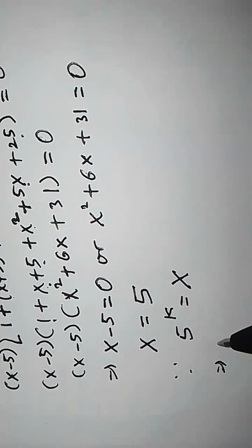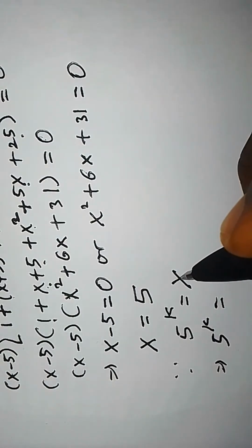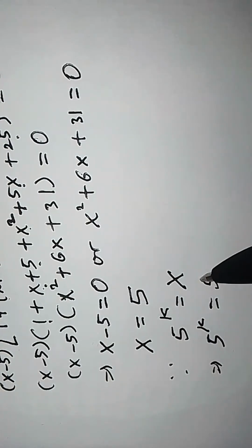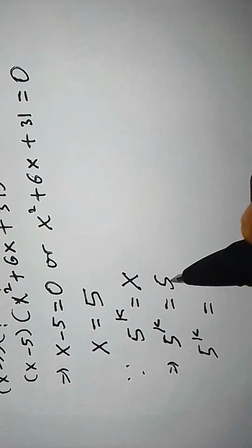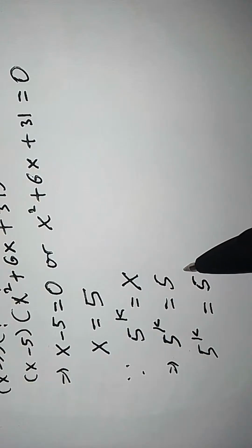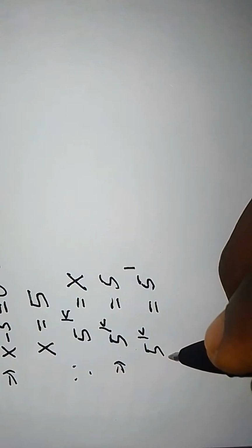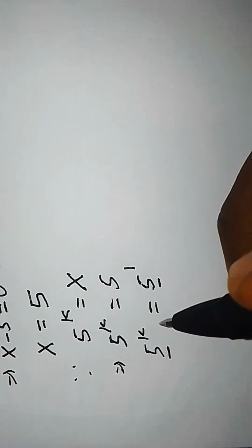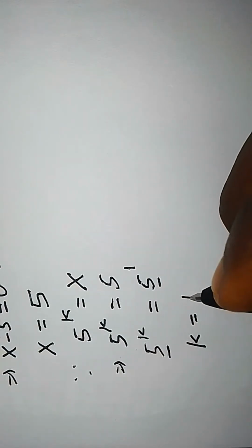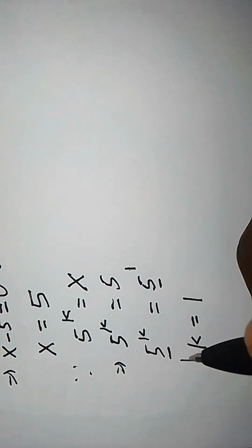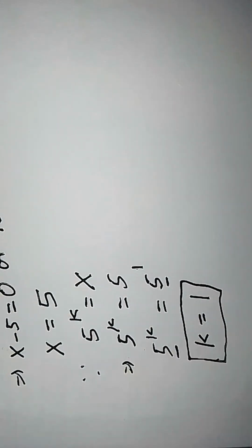This implies that 5 to the power of k is equal to, in place of x, we write 5. 5 to the power of k is equal to 5, which could be written as 5 to the power of 1. Now, since the base is the same, that means the power must be equal. So k is equal to 1. This is the first solution. k is equal to 1.